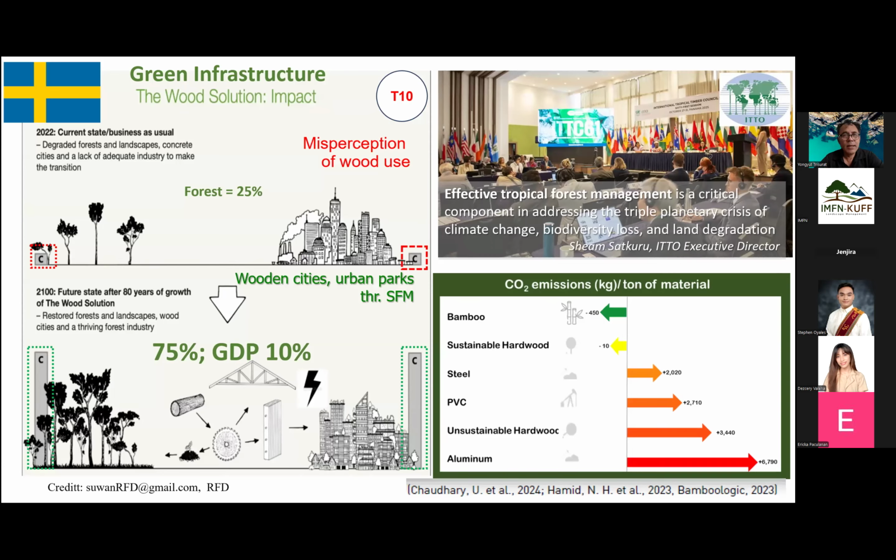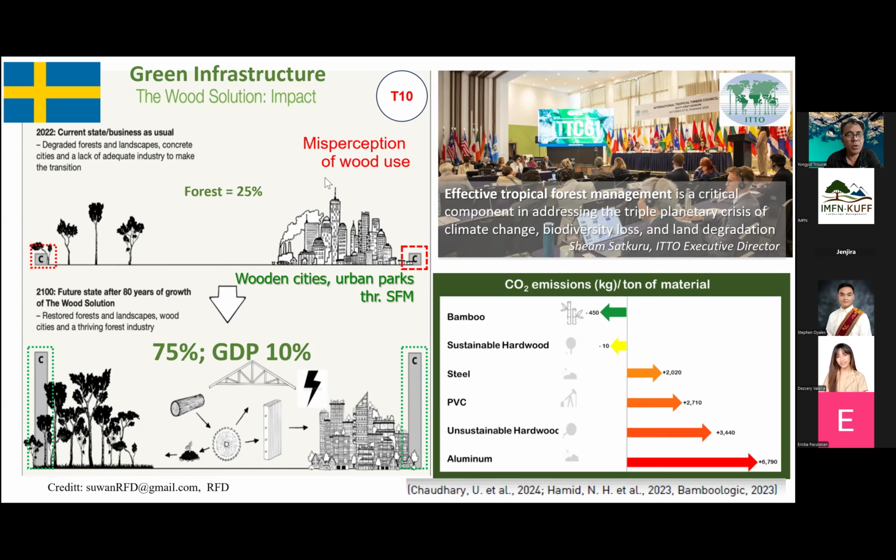Right now there are a lot of initiatives and movements to promote sustainable wood consumption beside substitution. This is an example from Finland in Scandinavia. Finland used to have, I think, less than 30% forest cover.